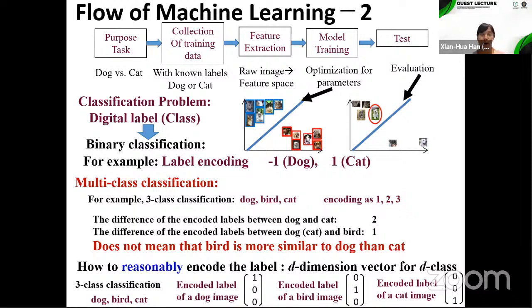So for binary classification, encoding is very simple. But for a multi-class recognition problem, for example, a 3-class recognition problem where we need to recognize dog, bird, and cat, we could simply encode these text labels into 3 digital numbers, such as 1, 2, 3.